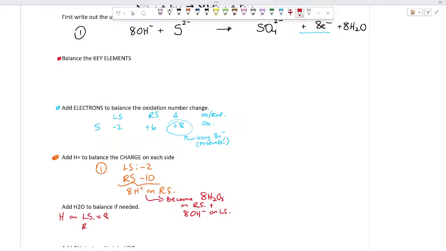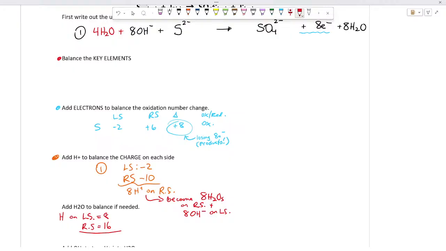H is on the right, 16. So where do we need? How many waters and where? Not 8 waters. 4 waters, right? So 4 H2O here. And of course, what does that actually just do? Yep, it balances. It should balance everything.